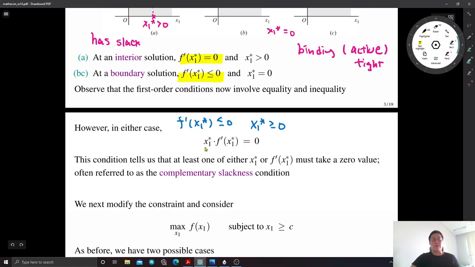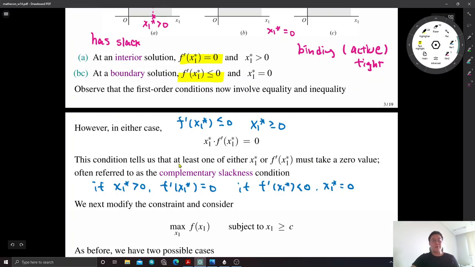Okay. And then this new condition, the complementary slackness condition, tells us if x1 star is strictly positive, then the derivative automatically is equal to 0. Otherwise, this condition is not met. Okay? And vice versa, if f prime is strictly negative, then we must have the boundary solution. Okay?